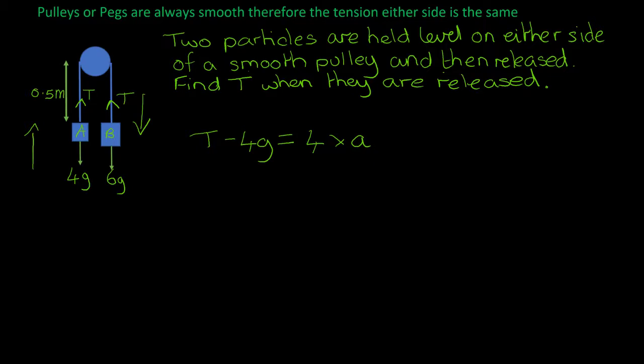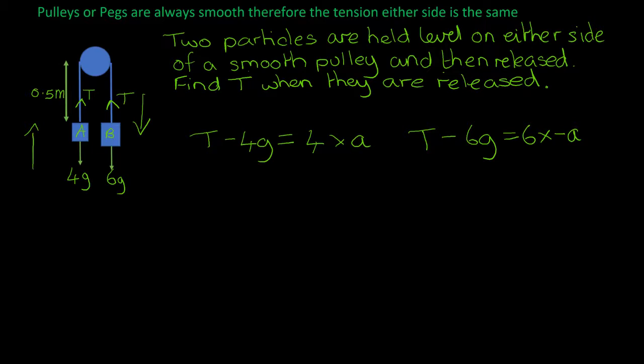Okay, now we can do something similar for B. So in that case, we're going to have T minus 6G equals 6 times minus A in this example because it's going in the other direction. So although we don't know what A is, we've got two equations that have T and A in them, so we can eliminate the A and work out what the T is once we've done that.